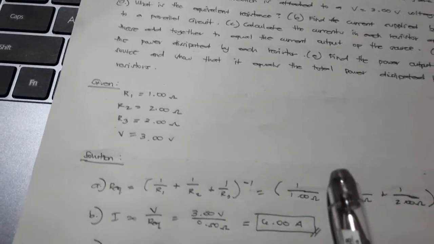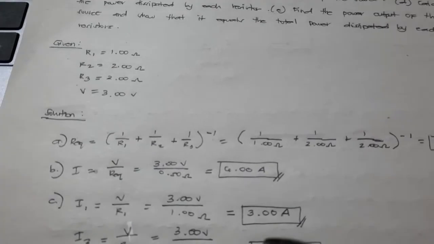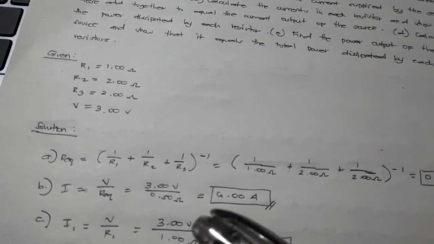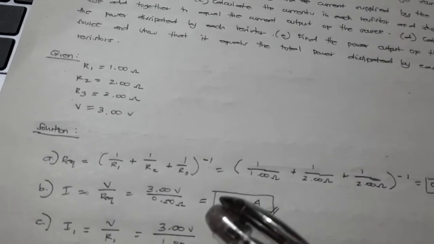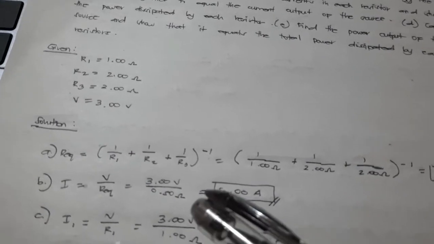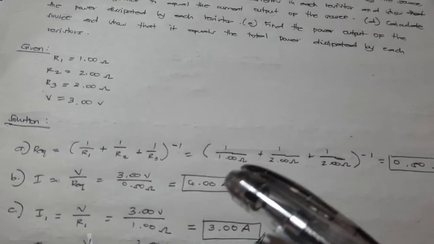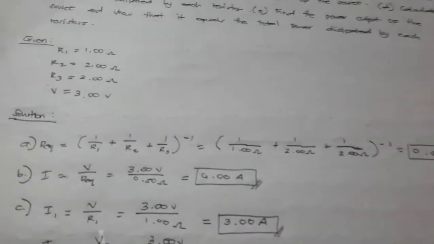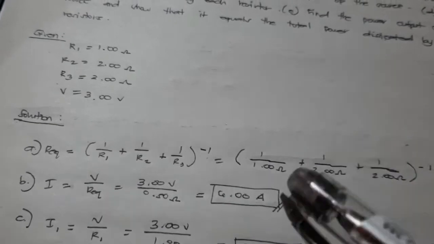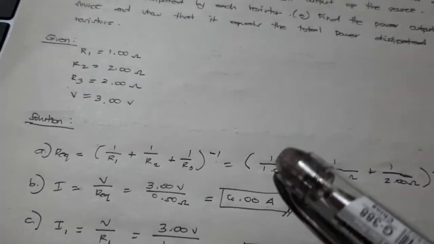So, the solution. For A, the total resistance of a parallel combination of resistors is found using this formula. The equivalent resistance equals 1 over R1 plus 1 over R2 plus 1 over R3, all to the power of negative 1.